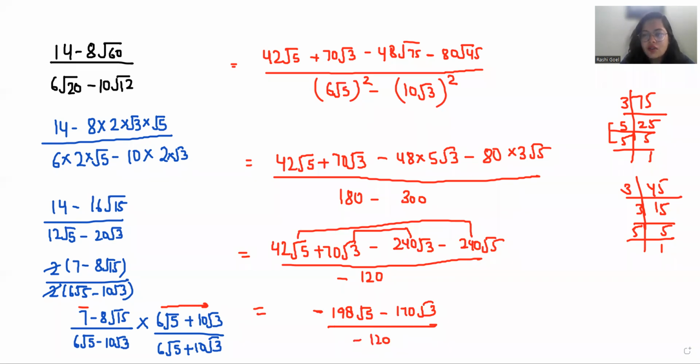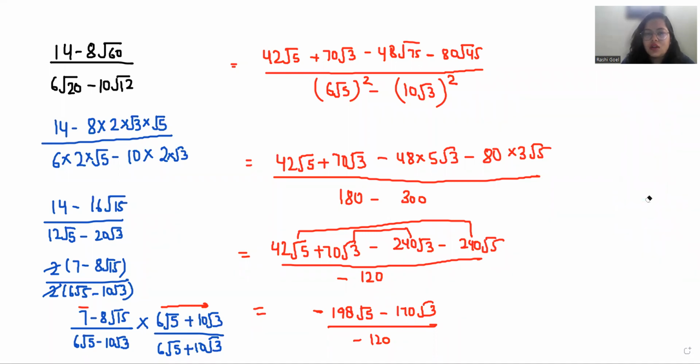If I take negative sign common from the numerator, it becomes negative 198 root 5 plus 170 root 3 by negative 120. We can cancel out the negative.